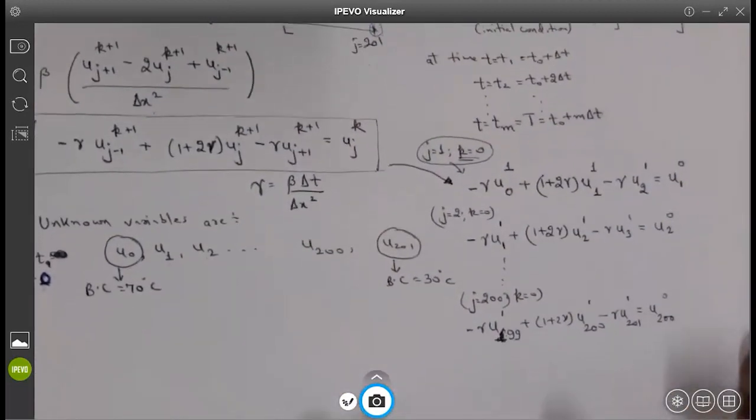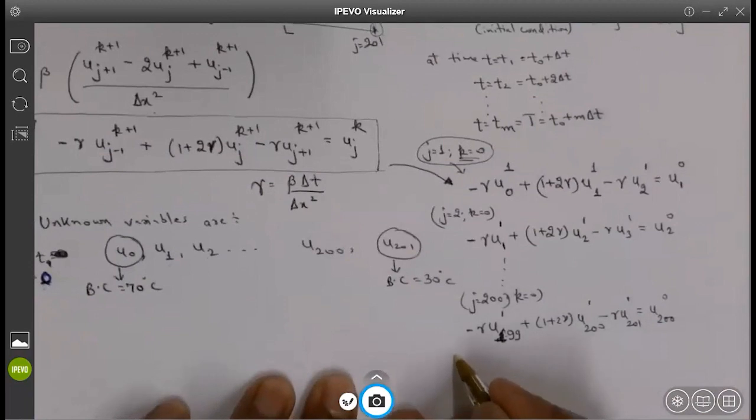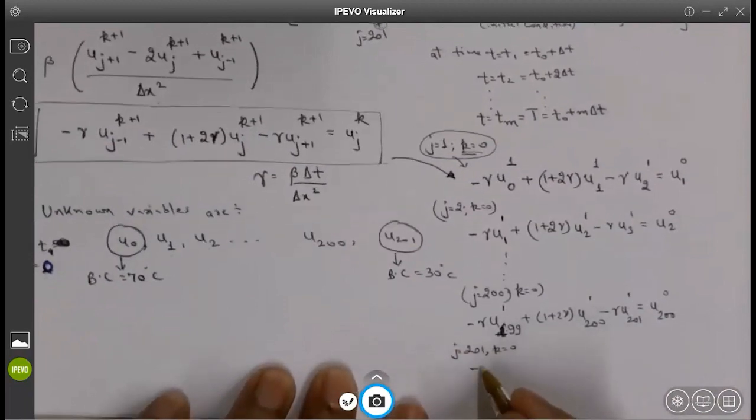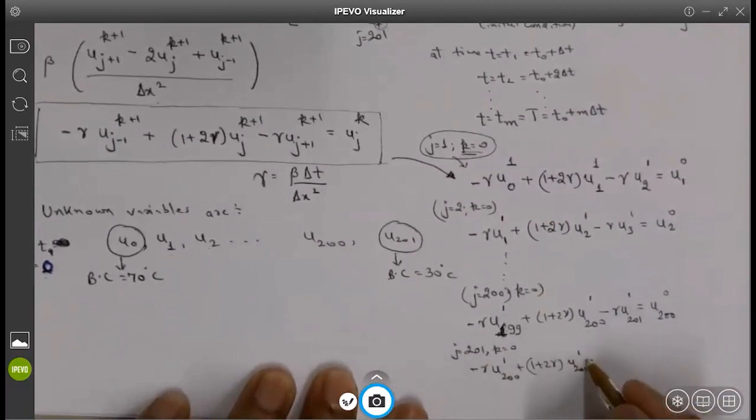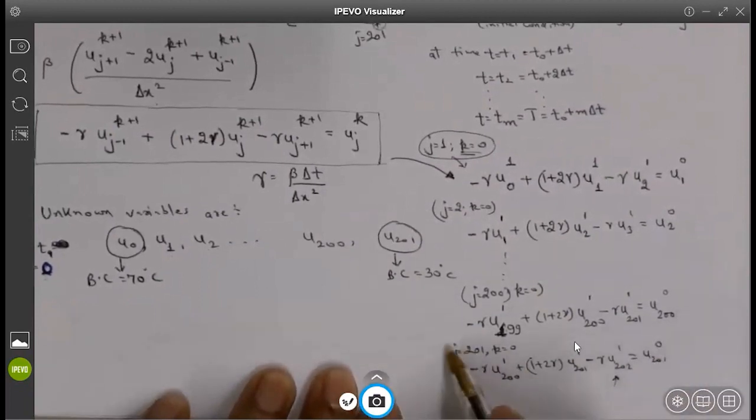Let me write it down for you. If j equals 201 and k equals 0, what will you get? Minus gamma u of 201 plus 1 plus 2 gamma u of 201 at 1 minus gamma u of 202 at 1, which is not existing, right?